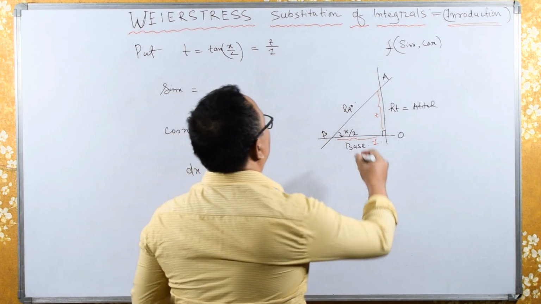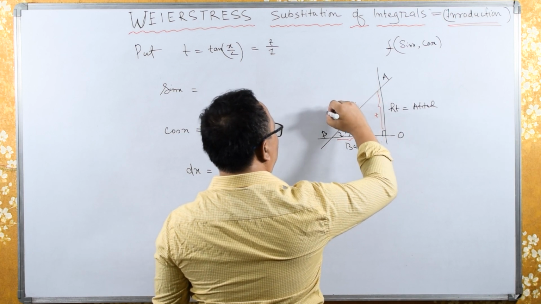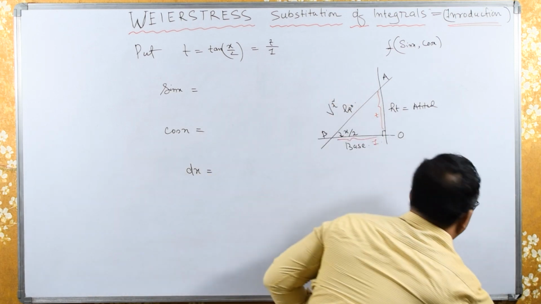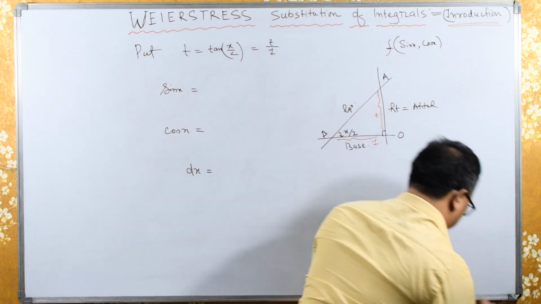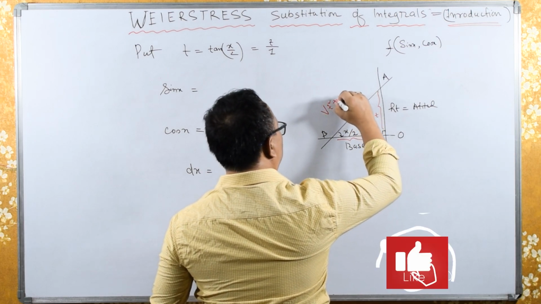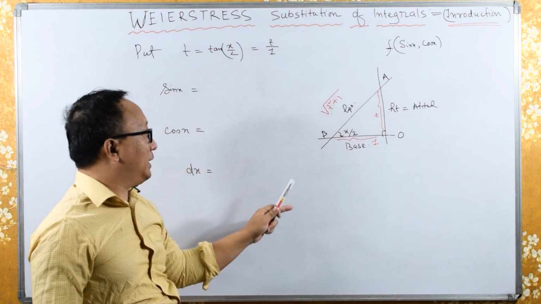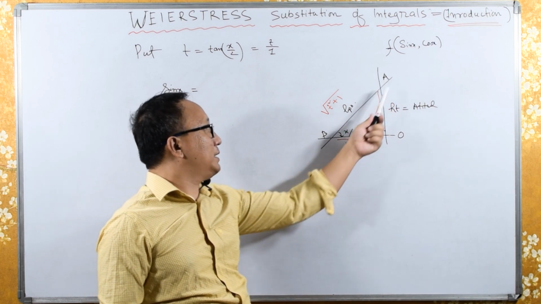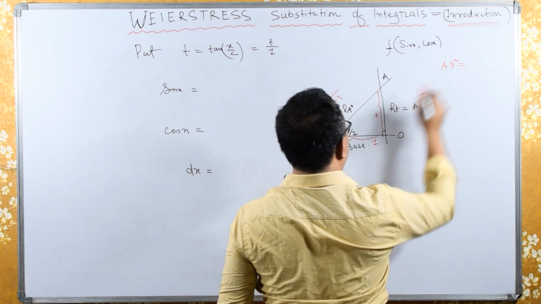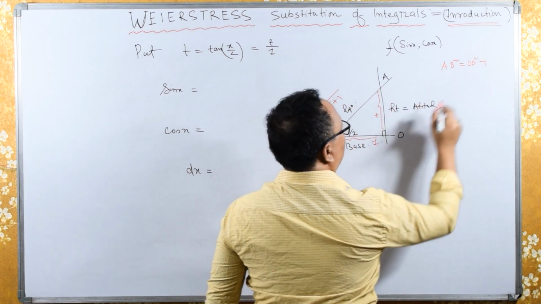So AB square is equal to OB square plus OA square.